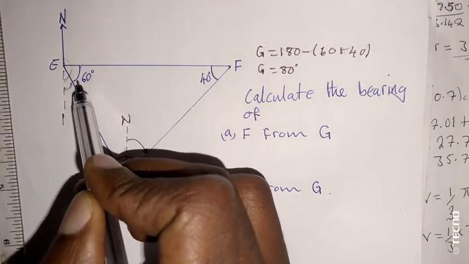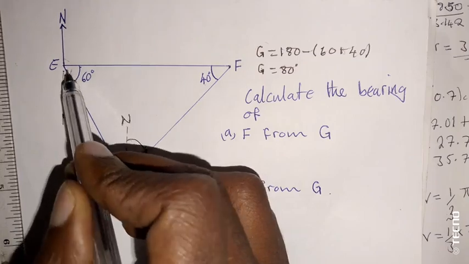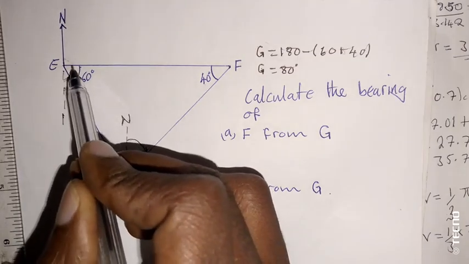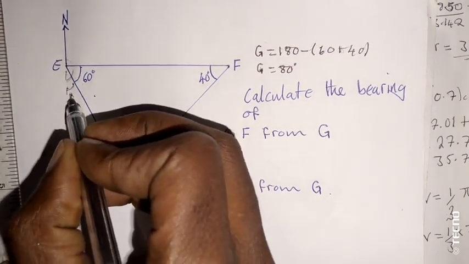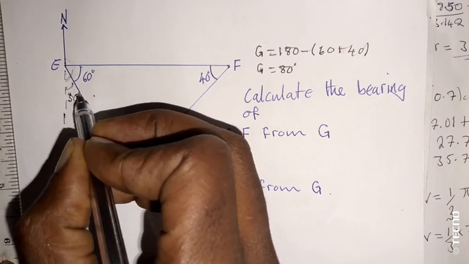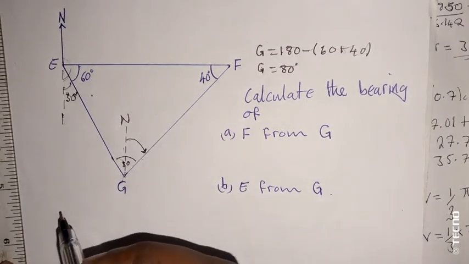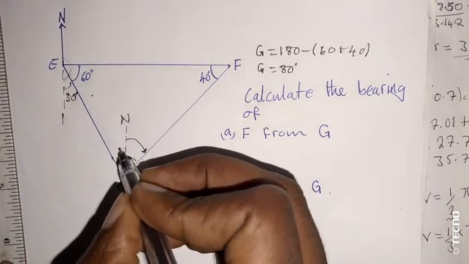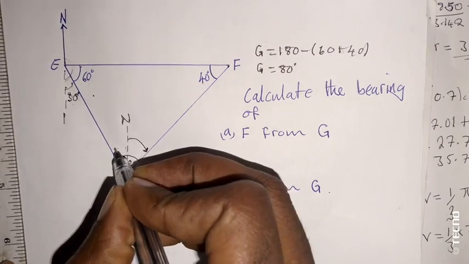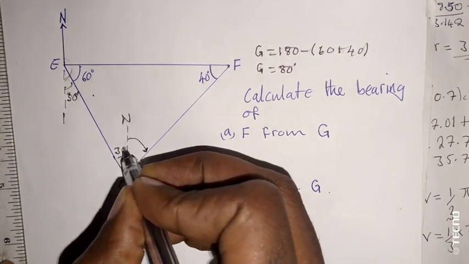Okay, so now from 180, we take away 150. What are we going to have? Here we are going to have 30 degrees. So if this is 30 degrees, which means even this side we have what? 30 degrees, okay?